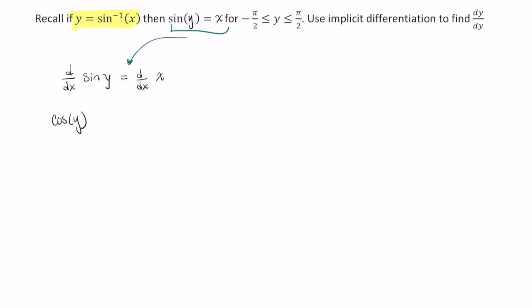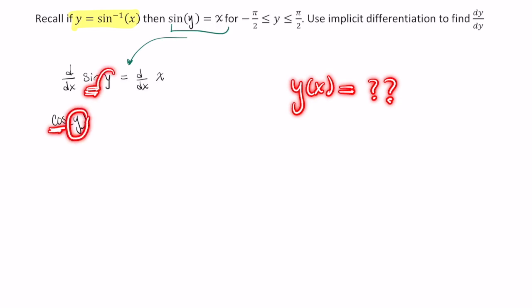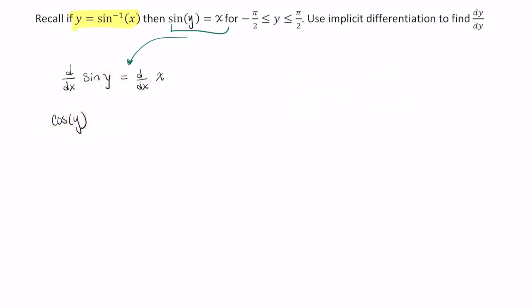So remember, when we use implicit differentiation, we are assuming y is a function of x, and we don't know what function y is. So we are applying the chain rule here in essence by first taking the derivative of the outer function, which is cosine, the derivative of sine of the outer function is cosine, and leaving the inner function of y here intact. But then we do have to multiply by the derivative of y with respect to x, which is just dy over dx. And on the right-hand side, the derivative of x with respect to x is just 1.